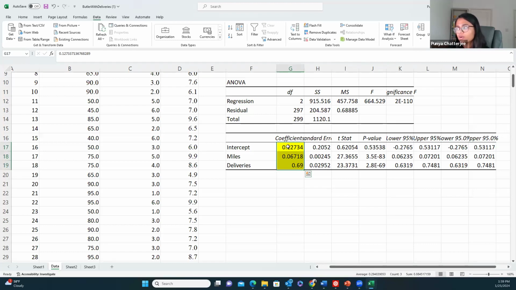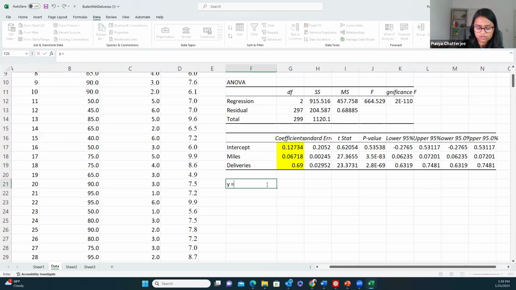Basically these coefficients are your B0, B1, and B2. So this is your B0, this is your B1, x1, and this is your B2, x2. And the way you write your regression equation is basically like this: y equals B0, because we have two independent variables, plus b1 multiplied by x1 plus b2 multiplied by x2.